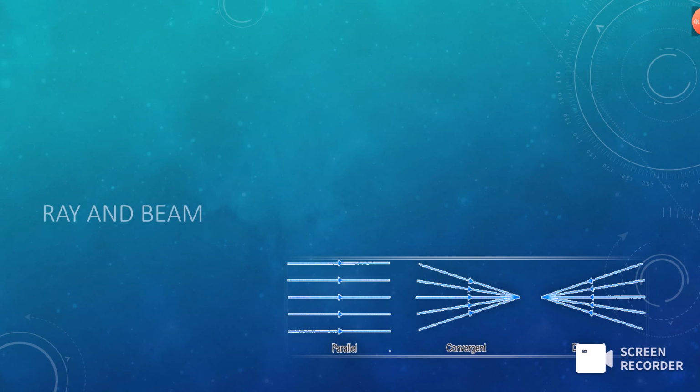Ray and beam. What is a ray? A collection of a large number of rays is called a beam of light. So a beam means a collection of rays.